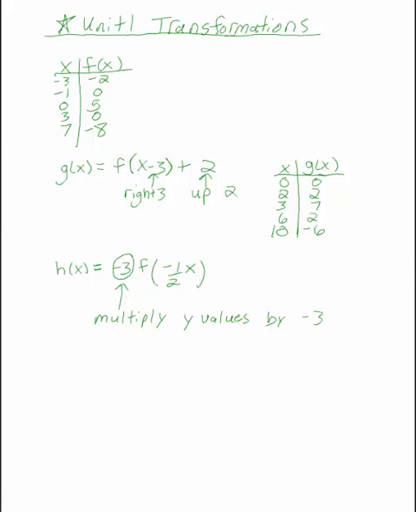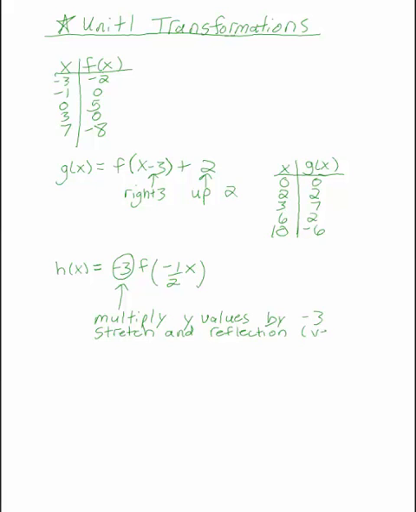Now let's think about what would happen if you multiply the y values by -3. Well, everything would be 3 times as big, but the negative would also give us a reflection. So because we're stretching things by a factor of 3, it's going to be a stretch and a reflection.